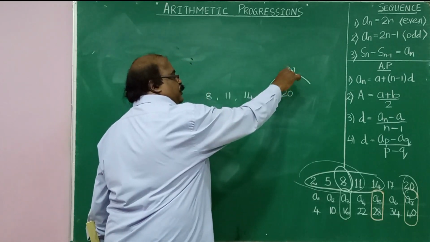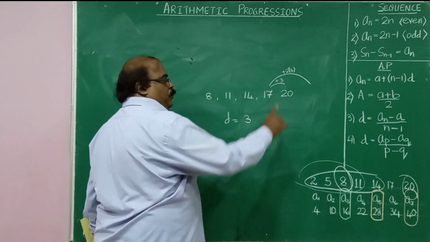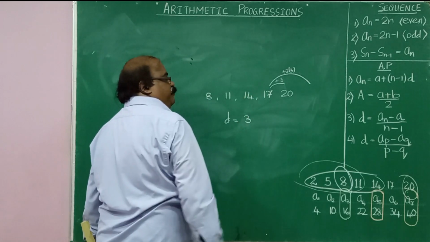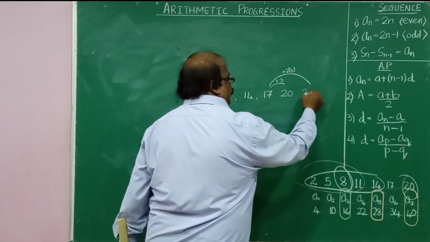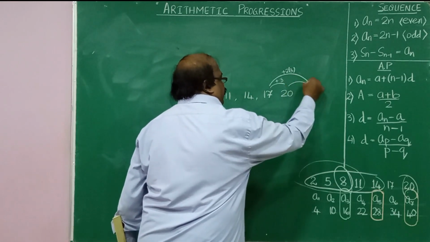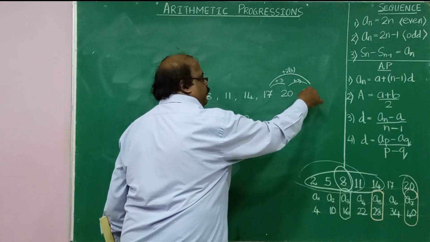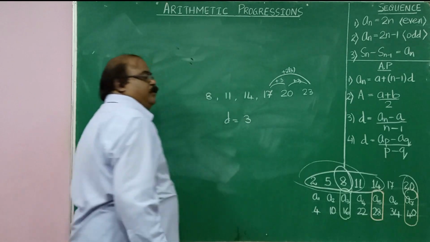If I want the term after next, I have to add 2 times D. What is 2 times D? 2 into 3, 6. 17 plus 6, 23. Or 17 plus 3, 20, 20 plus 3, 23, 23 plus 3, 26.